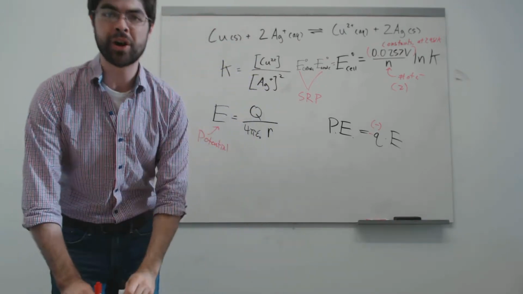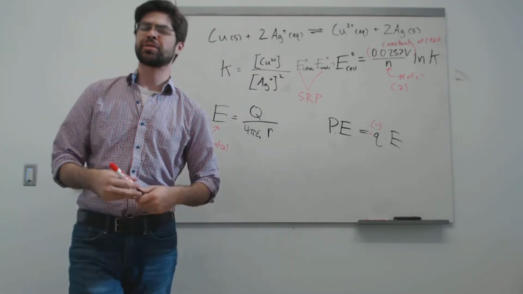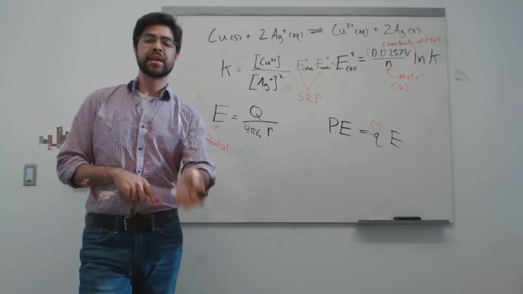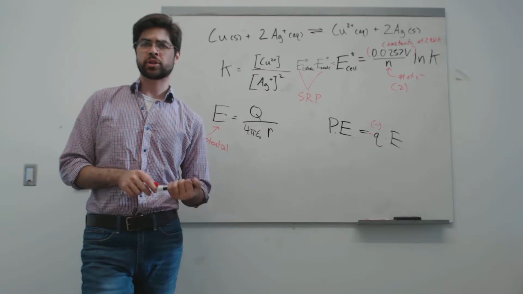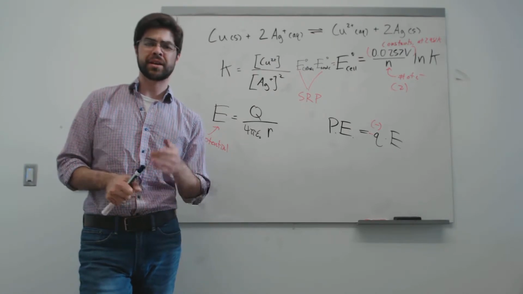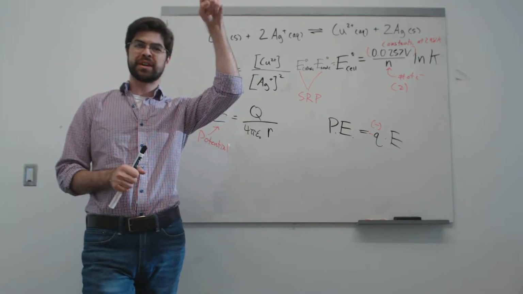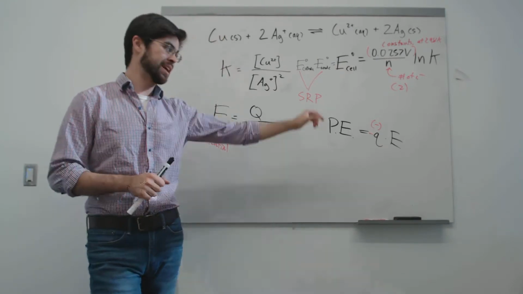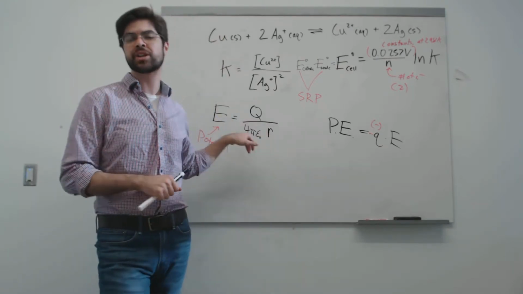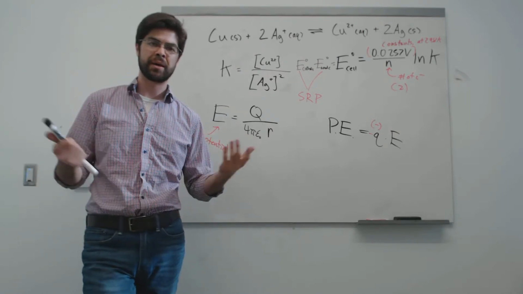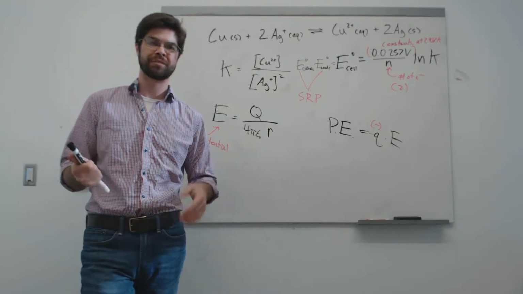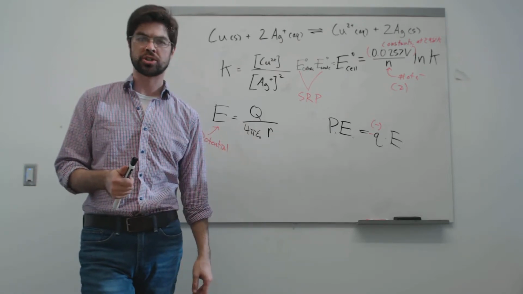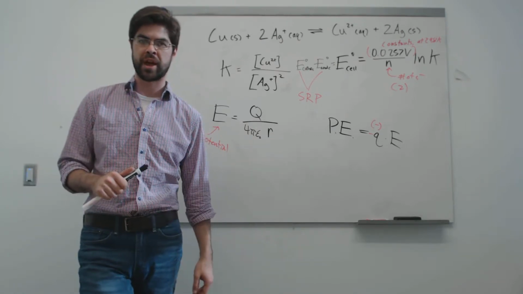I promise you that your instinct is right, that things tend to move towards lower potential energy. That's true, but because of electrons' negative charge, it turns out that electrons moving towards higher potential actually lowers their potential energy, just again because of the opposite sign. Potential was originally defined by Benjamin Franklin in terms of positive charges, even though we think of electrons as being the dominant charge carriers in any electrochemical reaction.